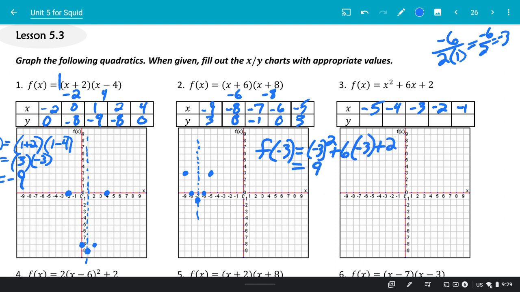Well, negative 3 squared is 9. 6 times the negative 3 is negative 18 plus 2. 9 minus 18 is a negative 9, plus 2 is negative 7. Negative 7. Everybody good with that work? Because I'm about to erase it. 3, 2, 1. Sorry, I have to erase it, though, because I need to plot that point. Negative 3, negative 7.